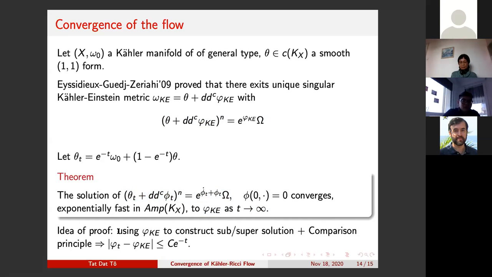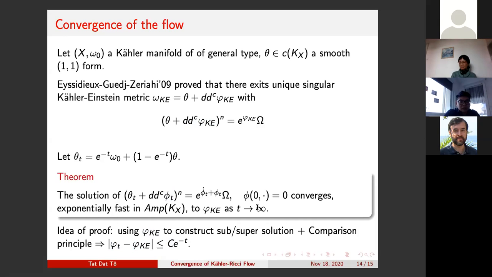And the idea of the proof is that we need the existence of phi_KE here, the Kähler-Einstein potential. Using this potential, we can construct subsolutions and supersolutions, and using the comparison principle we imply that the difference between the solution phi_t and the fixed Kähler-Einstein potential should be less than C to the power minus t.